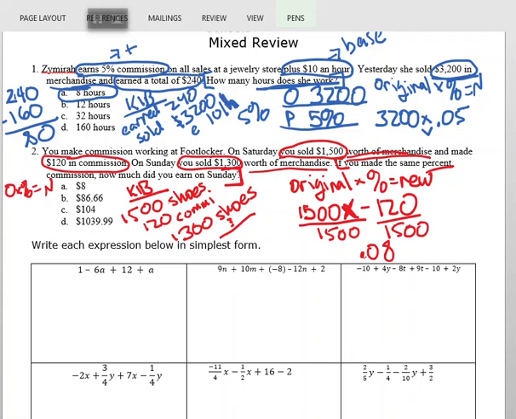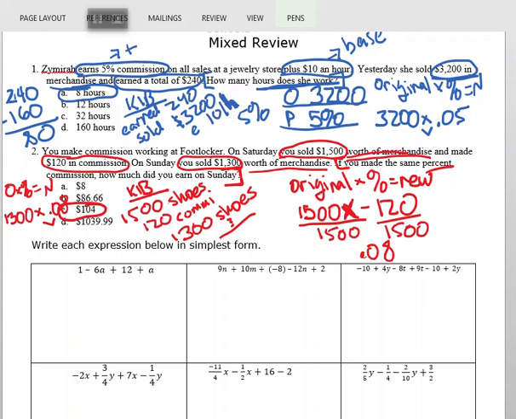And my original in this case is 1,300 times 0.08, and that should give me what she made on Sunday. So what I got was 104. So on Sunday, we made $104.